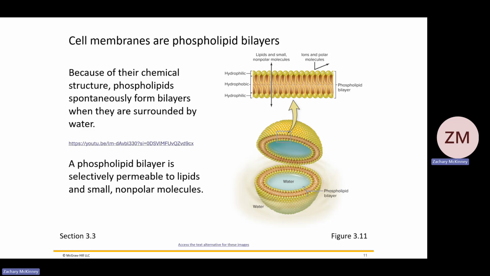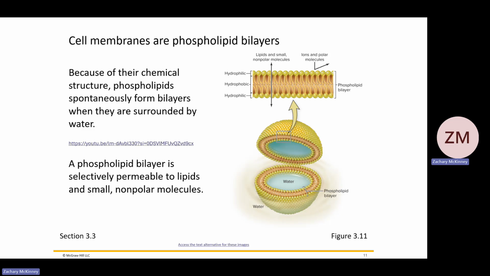Again, by having that, you now create what's called a selectively permeable layer. And we use the phrase semi-permeable a lot when we're talking about the phospholipid bilayer, the cell membrane, whatever you want to call it, because it's semi-permeable, meaning that it allows some things through, but not everything. Again, lipids and small nonpolar molecules can easily pass through, because they can diffuse through these hydrophobic tails.